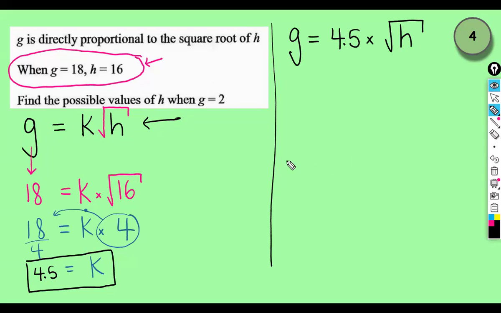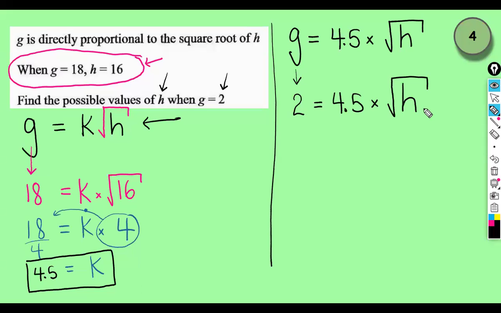Now, here's what the examiner is asking. What is the possible value of H when G is 2? So they want us to replace G with 2. And then we have the square root of H. So we're just going to try to solve for who?